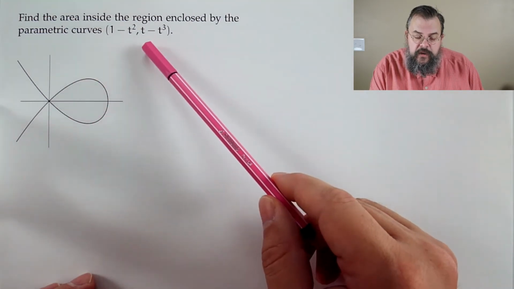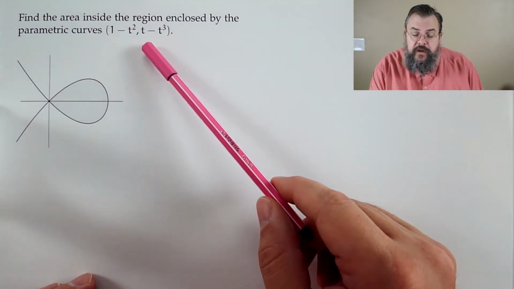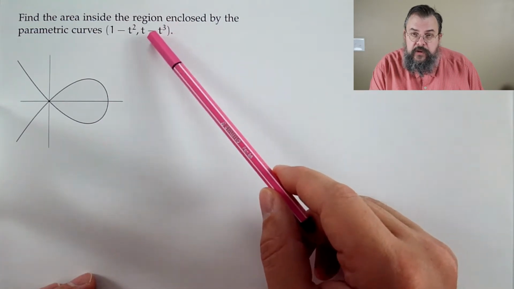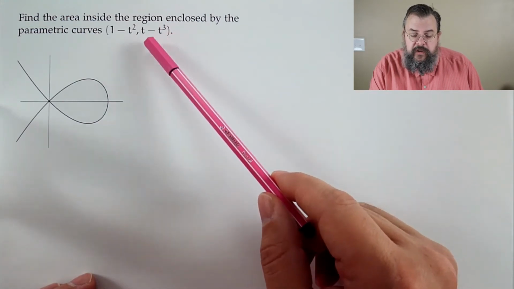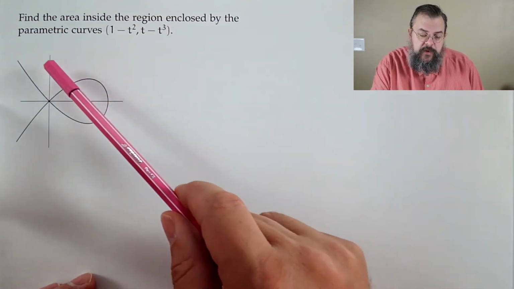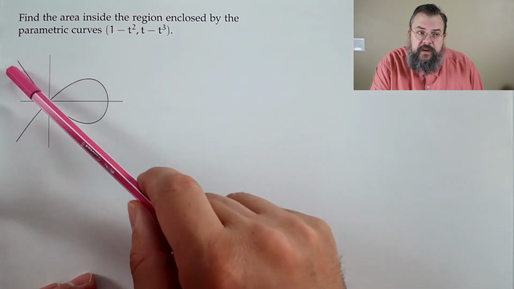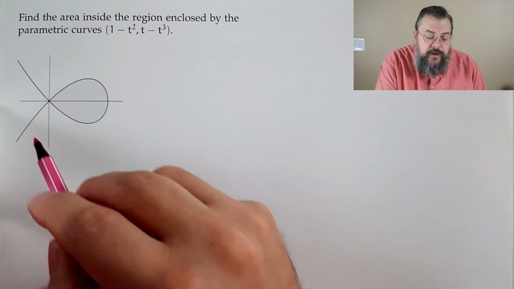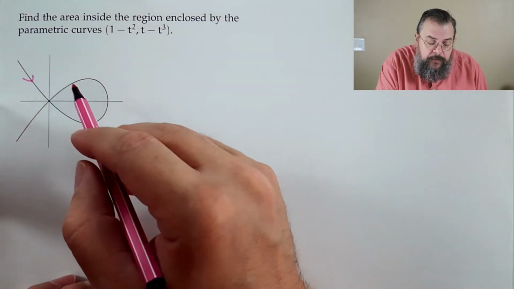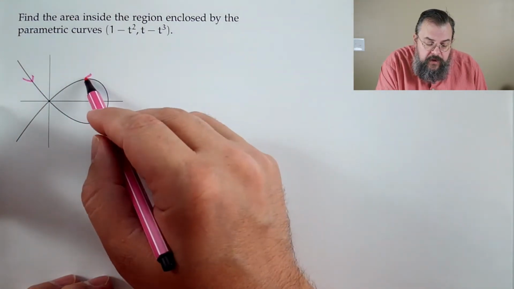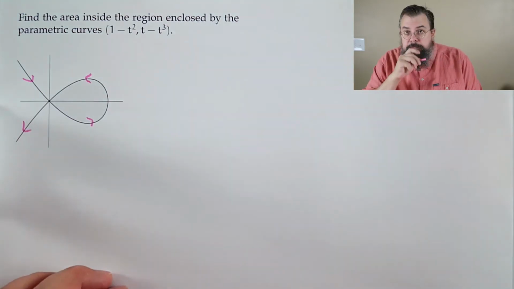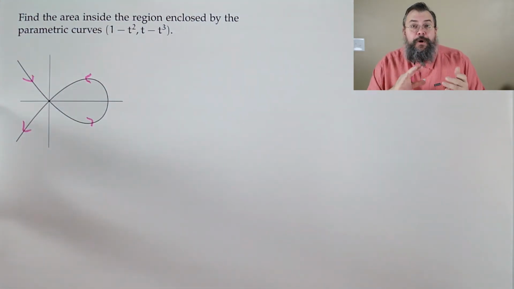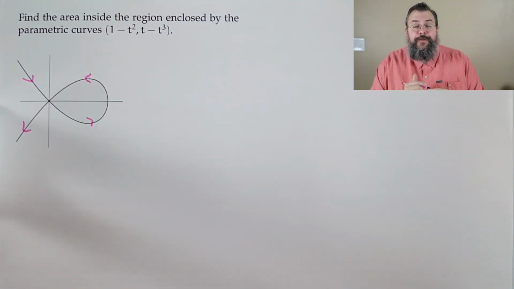If I plug in a large negative number, t cubed makes a minus, and there's a minus there, so for large negative values, I'm up here. So the way we move on this curve is in the following way. This is important because we want to take into account orientation.